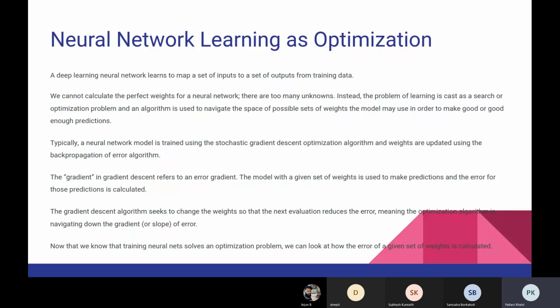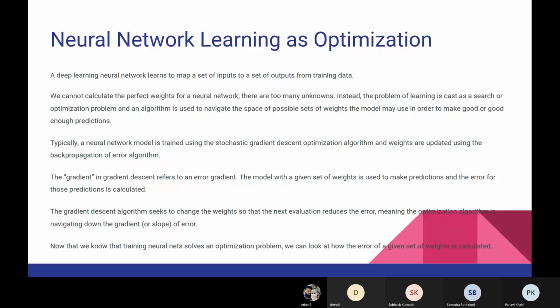The gradient descent algorithm seeks to change the weights so that the next evaluation reduces the error, meaning the optimization algorithm is navigating down the gradient or the slope of the error.